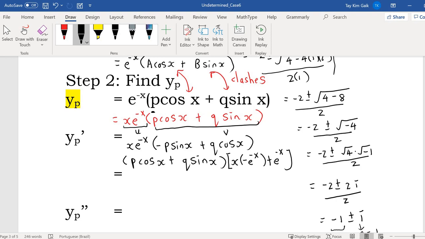Okay, you may simplify it first before you differentiate it a second time.